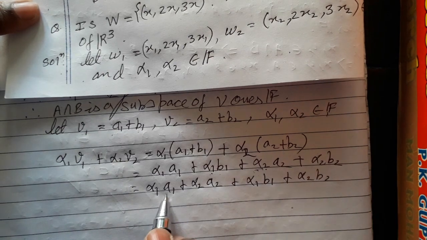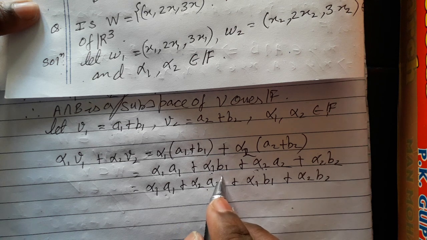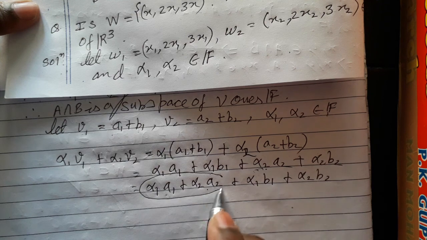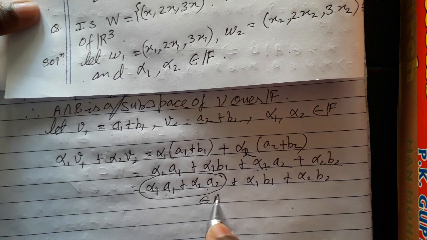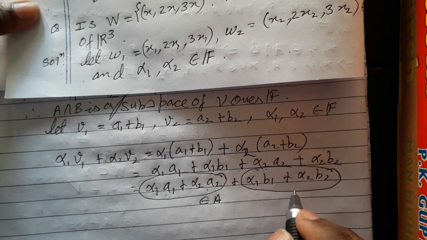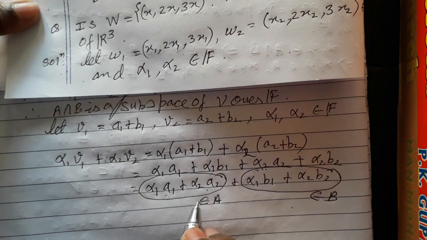Now A1 belongs to A and A2 also belongs to A, so the linear combination belongs to A since A is a subspace of V. And this other part belongs to B since B is a subspace of V.